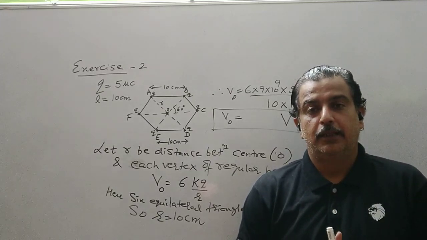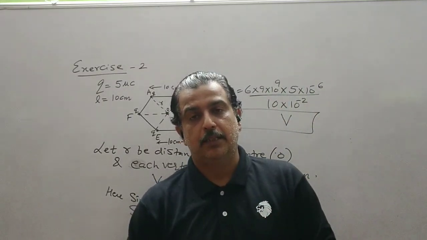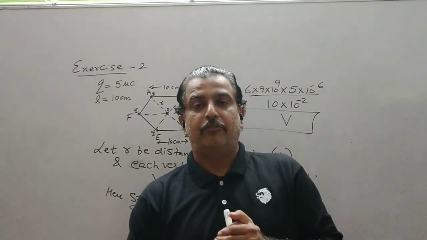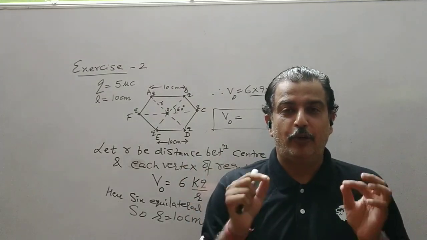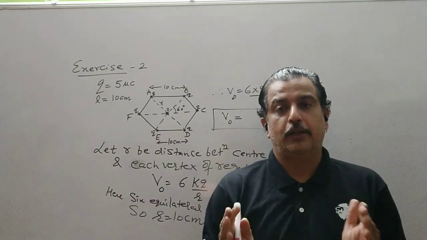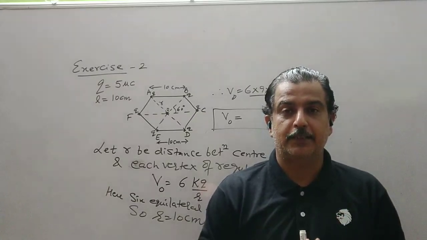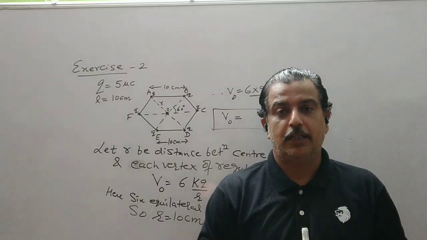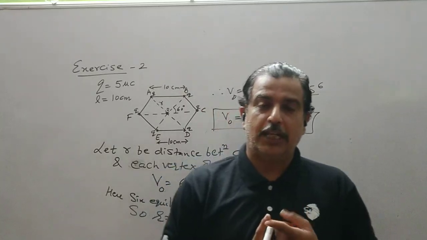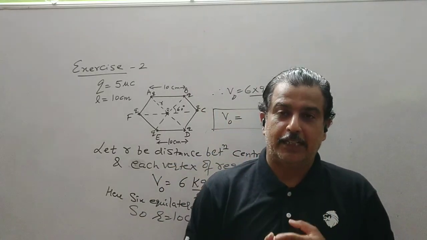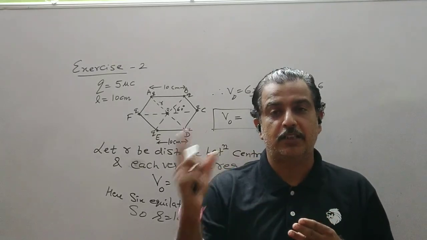You have to remember, in chapter 1 we did 4 applications of Gauss law. 3 were in the book: electric field due to infinite plane sheet, electric field due to infinitely long charged wire, and electric field intensity due to spherical shell.